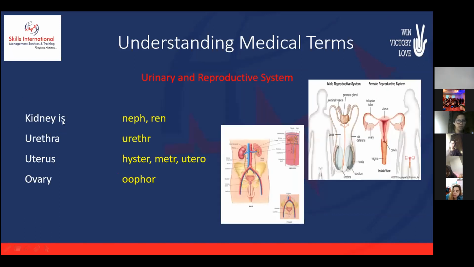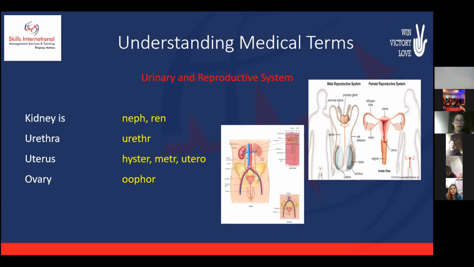Your kidney, anong kidney sa Tagalog? Hindi ako masyadong familiar sa kidney ay sa Tagalog terms natin. Anyway, kidney is called your neph or sa renal or nephro.